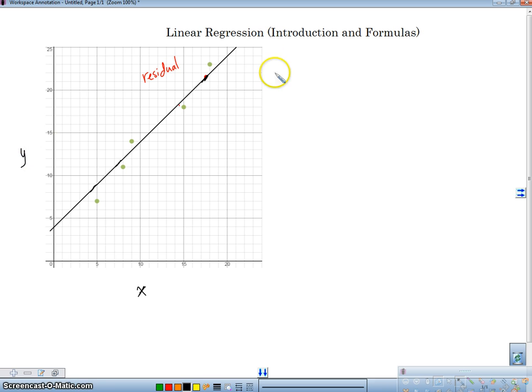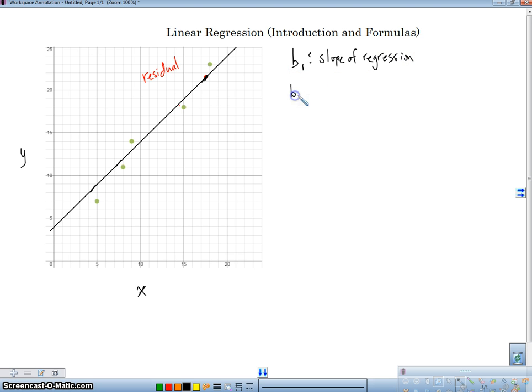In fact, it turns out that the slope of this line, and in statistics we use b with a subscript of 1, so that's the slope. That's the slope of regression.